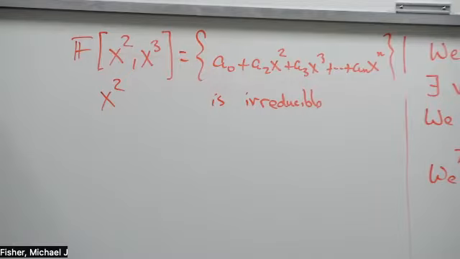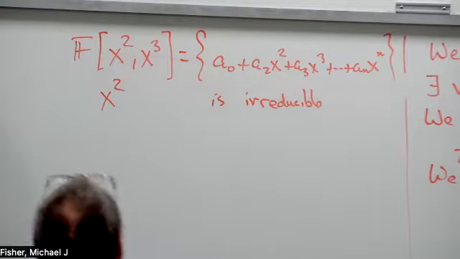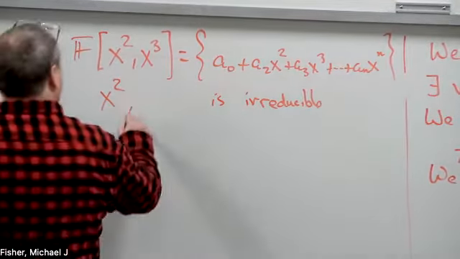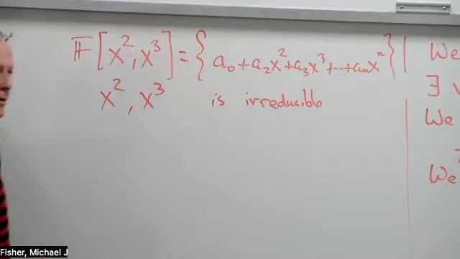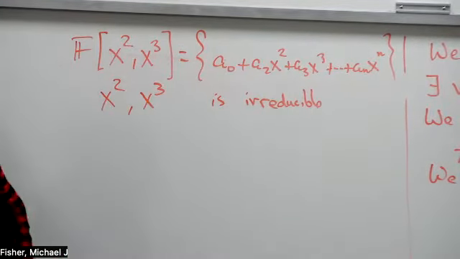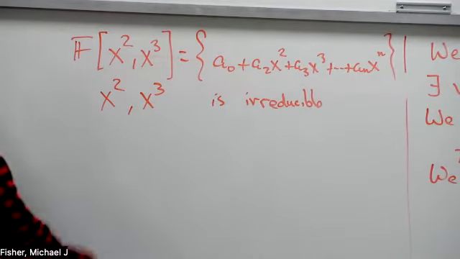And how about x cubed? Well, 3 is bigger than 2, but you still got the same problem. If you want to factor non-trivially, you need a degree 1 factor, and there ain't one to give. So these two things, in fact, are irreducible, but they're not prime.